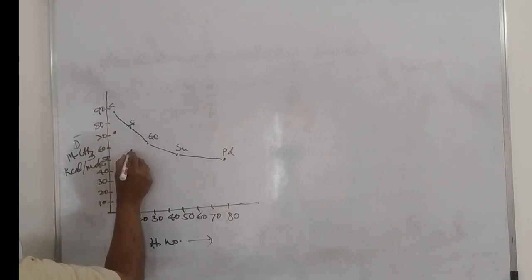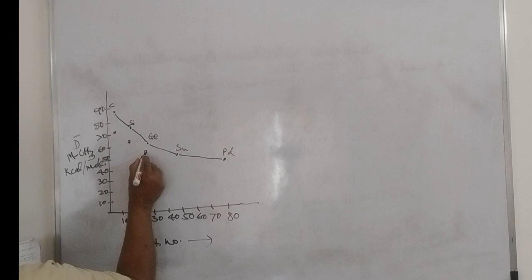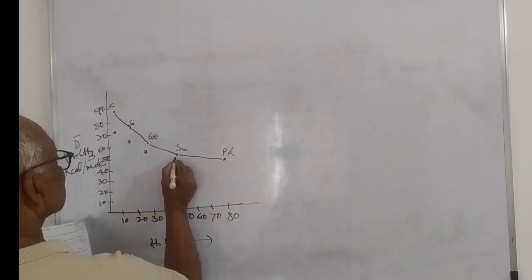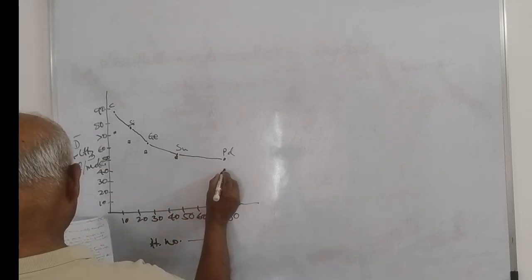Nitrogen, then phosphorus, then arsenic, Sb, here it is, then bismuth.